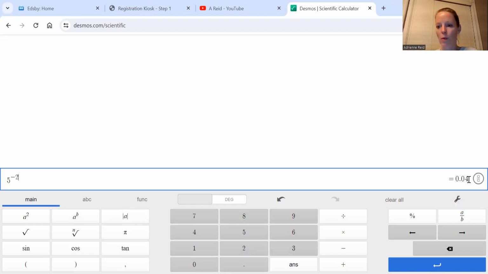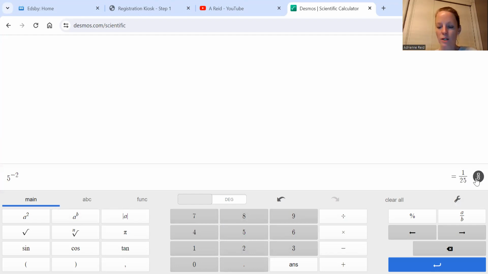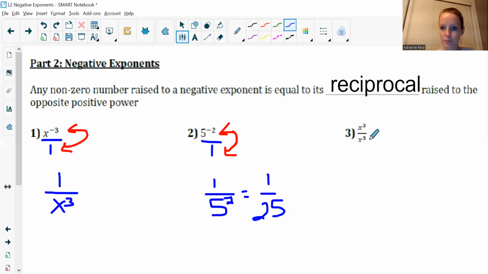You can see I get 0.04, but I'm just going to turn that into a fraction, and it's exactly what we just said. It's 1/25. So you can play around with this to try to remember how to do it. If you get stuck, your calculator's a great starting point, and just see what happens as you play around with plugging things into your calculator.